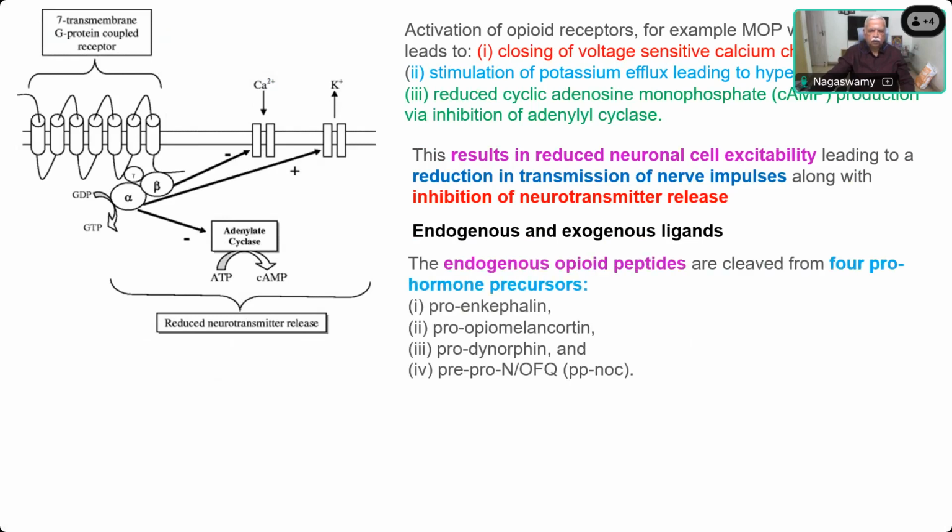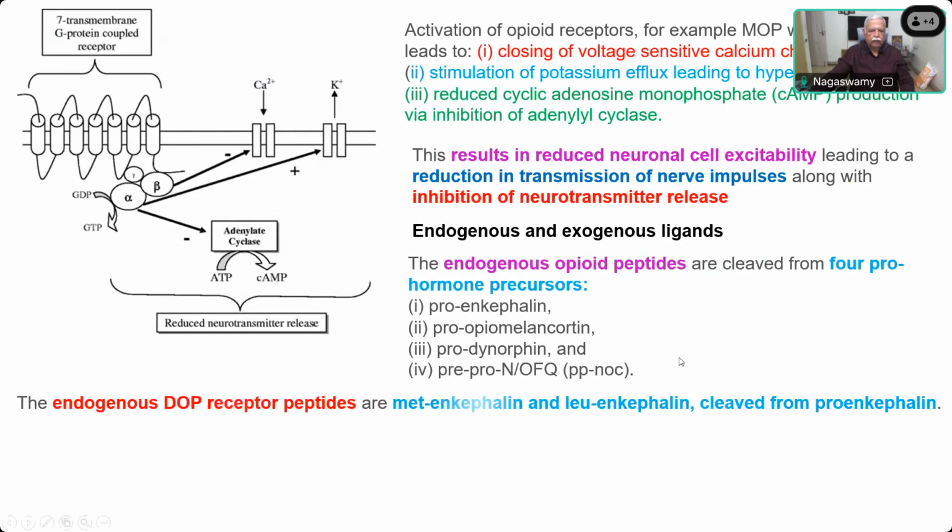The endogenous opioid peptides are of four types: pro-enkephalin, pro-opiomelanocortin, pro-dynorphin, and pro-nociceptin/orphanin FQ peptide. The endogenous delta opioid receptors are activated by met-enkephalin and leu-enkephalin, which are cleaved from pro-enkephalin. So there are no direct met-enkephalin and leu-enkephalin; they are produced by breaking down this pro-enkephalin.